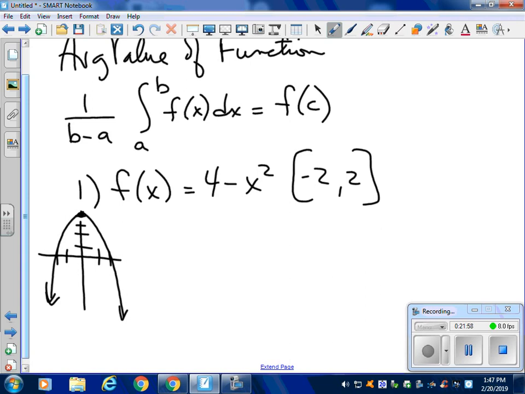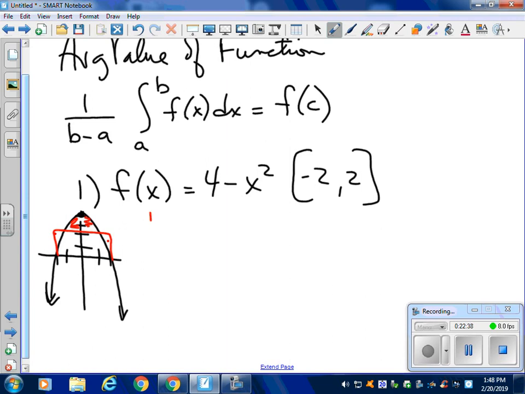But if I didn't have that 1 over b minus a in front of my integration, then the integration itself stands for all this area in here. When I introduce the width, then I'm saying this triangle will fit there, and this triangle will fit in that one. You with me? Yeah. So I'm trying to figure out, if you multiply this reciprocal, which stands for the width, if I divide the width into the sum, it's going to tell me how tall that has to be. Okay?